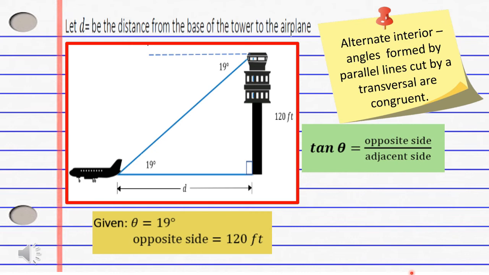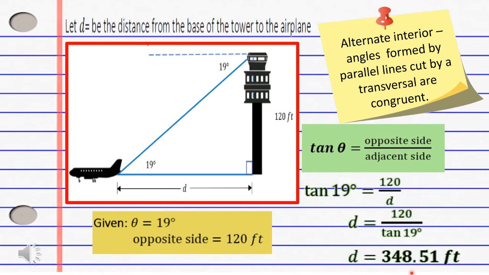Turn your modules to page 15. Tangent theta, what is the formula? Excellent. Opposite over adjacent. Now we have tangent 19 degrees is equal to, what is the measure of our opposite side? Very good. It is 120 over our adjacent side, which is unknown.